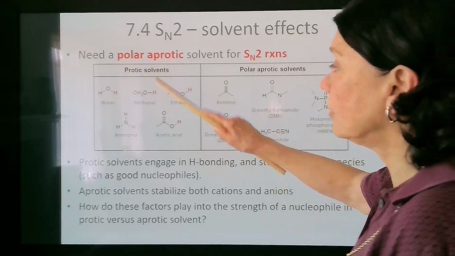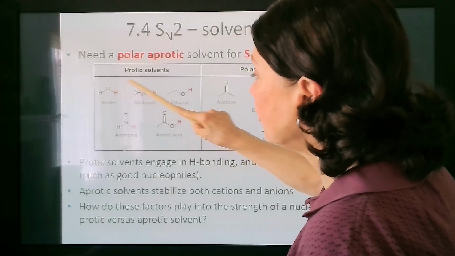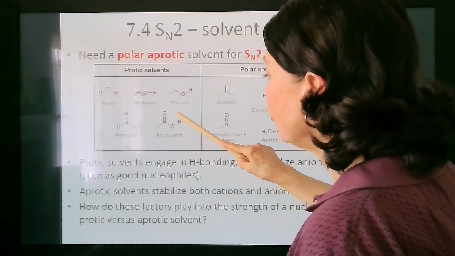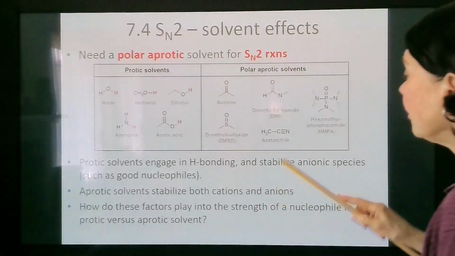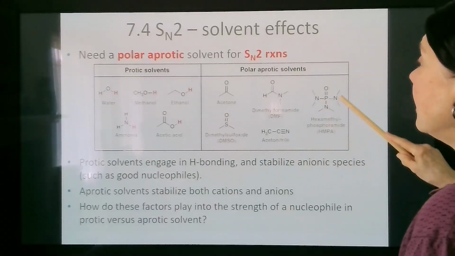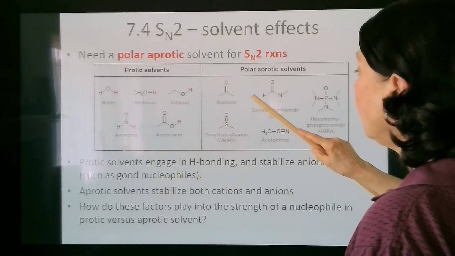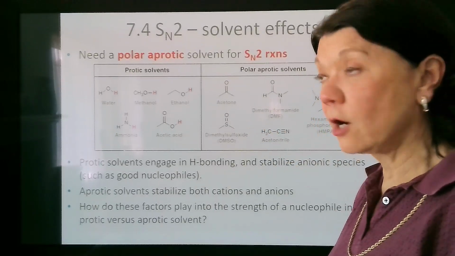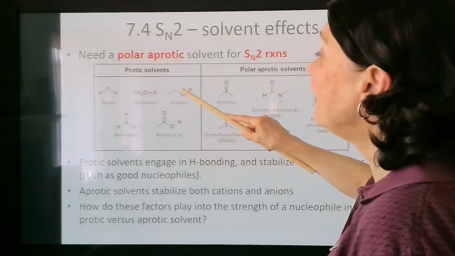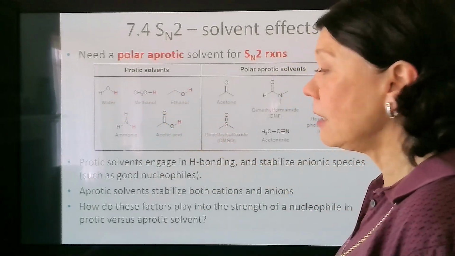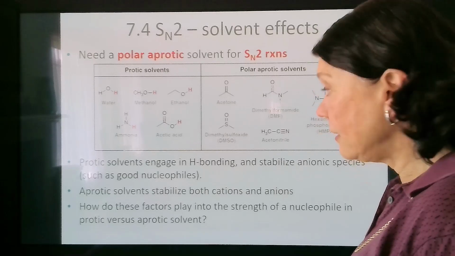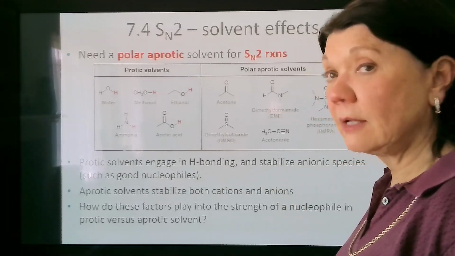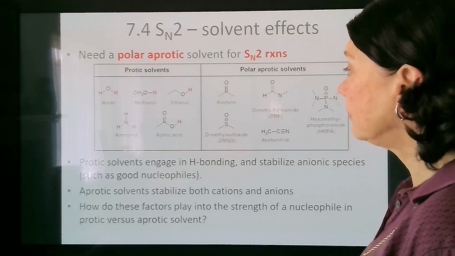So this is a protic solvent: hydrogen attached to oxygen, hydrogen to oxygen, hydrogen to nitrogen, hydrogen to oxygen. Over here, you don't have any hydrogens attached to highly electronegative atoms. So what is going on there? What's going on here is that these can participate in hydrogen bonding.